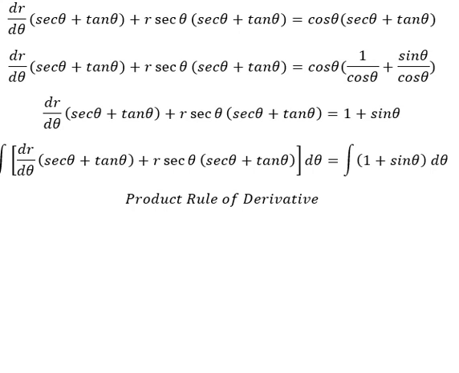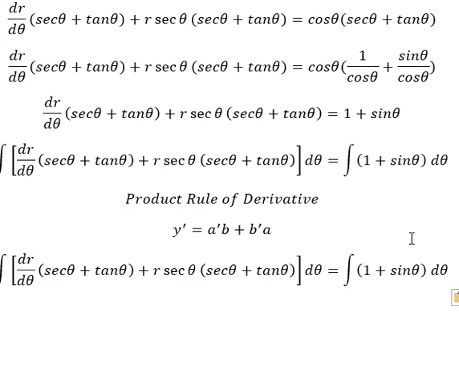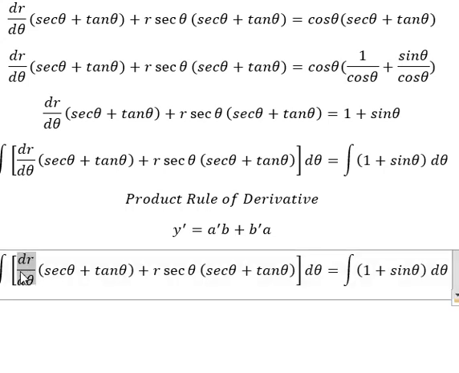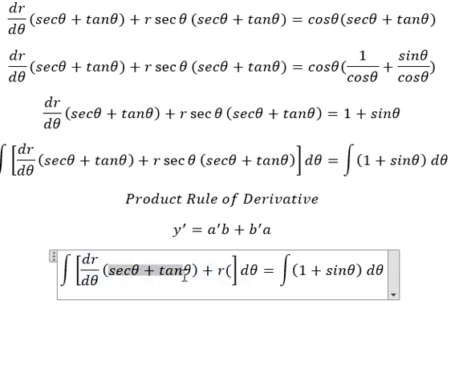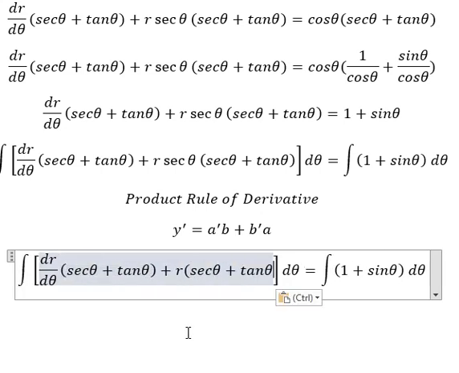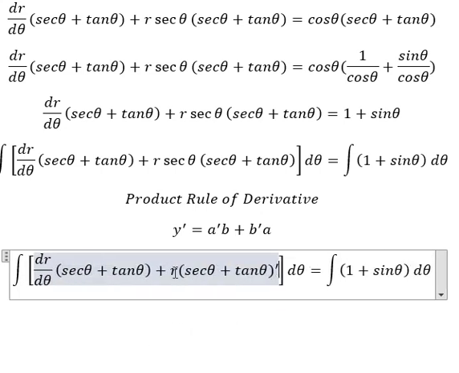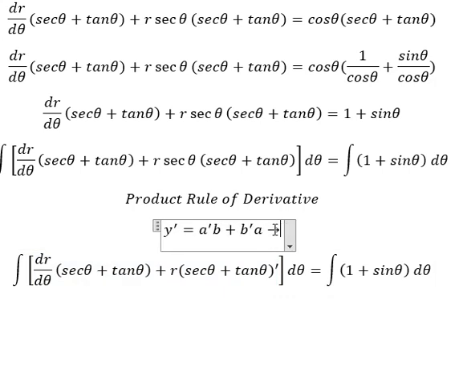So we have first derivative of y equals first derivative of a multiplied by b plus first derivative of b multiplied by a. So we have first derivative of a multiplied by b. This one in here is first derivative of b multiplied by a. So the integration of this one, we have y equals ab.